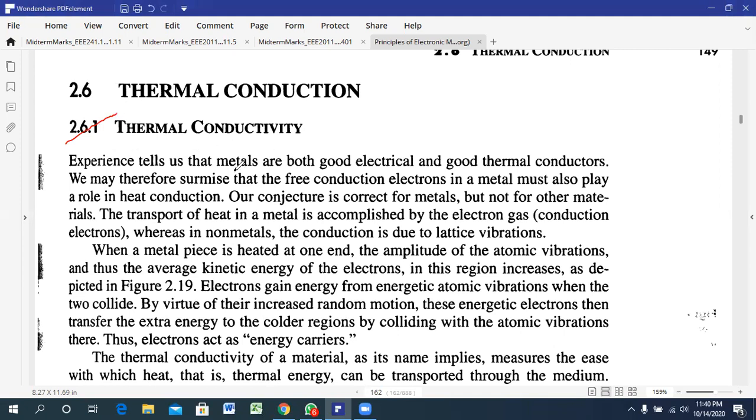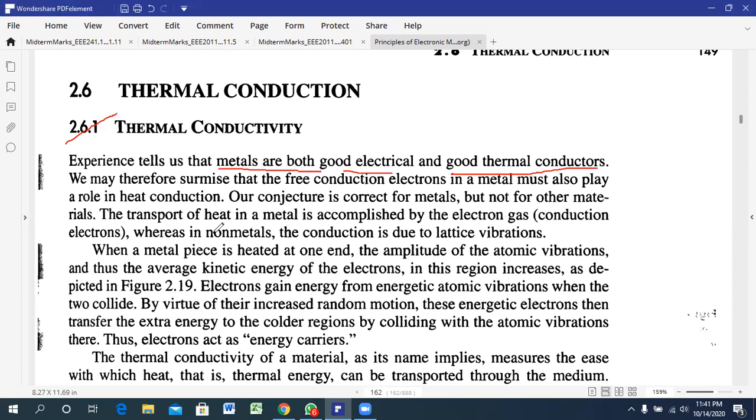So, we know that metals are both good electrical conductors and also good thermal conductors, because metals have some free electrons. Those are known as conduction electrons, and they play a vital role in heat conduction. So the transport of heat in the case of metal is done by free electrons, or this electron gas.